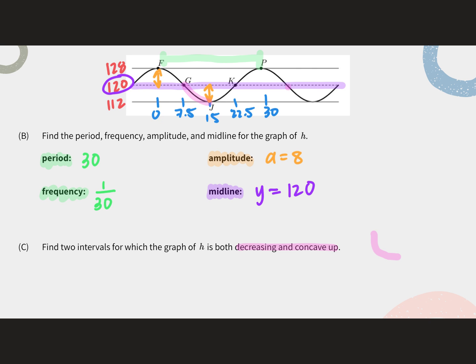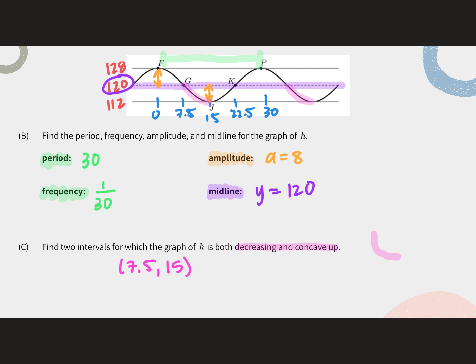My next interval would happen to the right of the points that I have. So I do know one of my intervals right away. That would be 7.5 to 15, and I'm going to write that in interval notation. I need to extend my input axis, this t-axis, to find the values for the next interval.